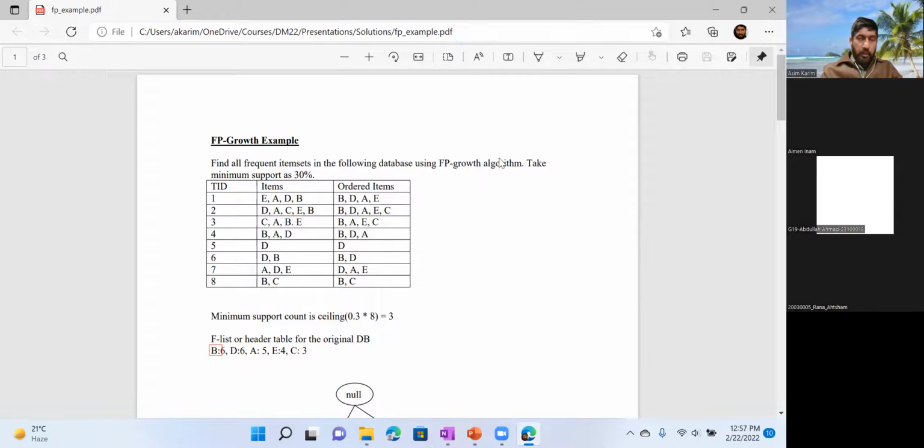I've counted all the single items that occur in this transactional database. B occurs 6 times. D also occurs 6 times. A occurs 5 times, and so on. This list is basically L1. We have dropped all items that occurred less than 3 times.